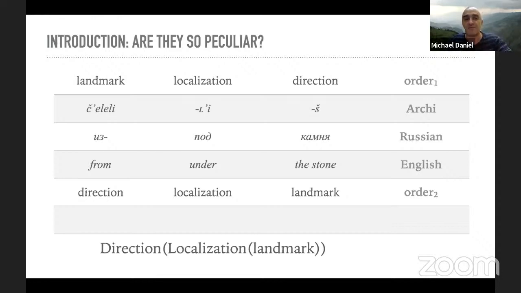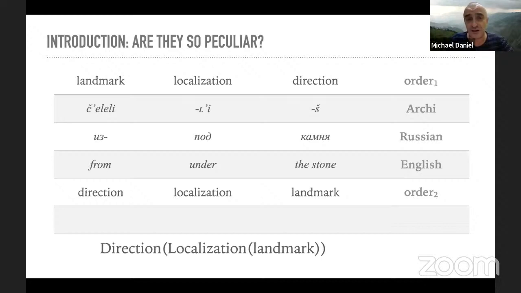You have the stem, and then the localization marker, and then the directional marker, the lative sh for Archie. But in Russian, as in English, the structure is the same: you have the element which corresponds to the direction in the first position, then followed by the element which corresponds to localization in the second position, and then comes the stem.